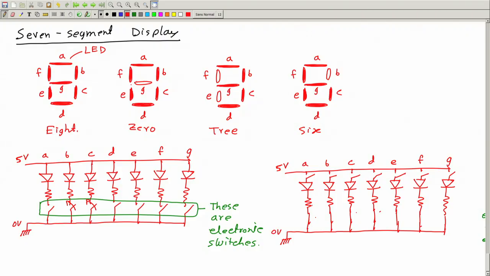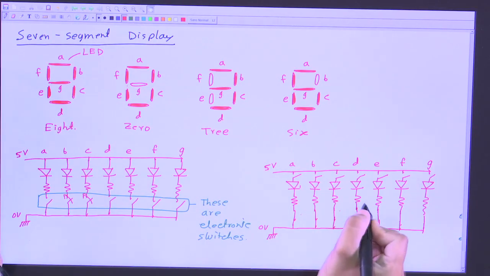And if you are to calculate these resistances, then you need to know how much current should pass through these diodes so that they are glowing properly. Then you can divide this applied voltage by the required current to compute the required resistance.